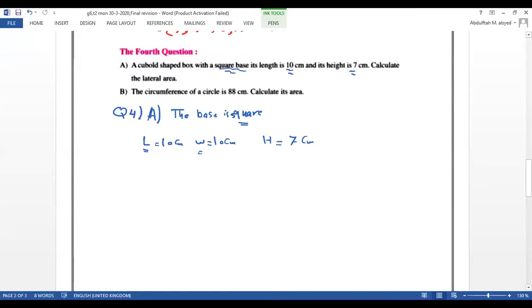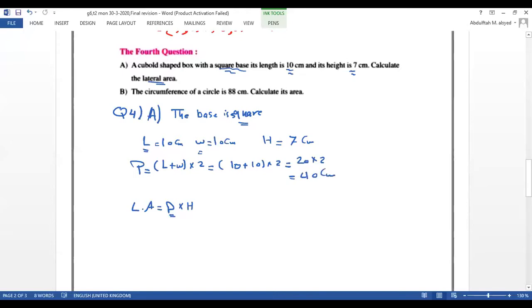Now we can find the lateral area, which is required. What is the lateral area rule? Lateral area equals perimeter of the base times the height. So I have to find the perimeter of the base first. We can use the rule of perimeter of a rectangle: 10 plus 10 times 2 equals 20 times 2 equals 40 centimeters.